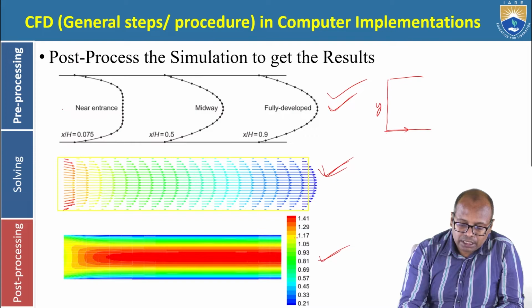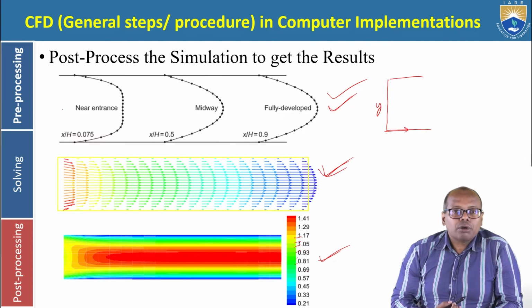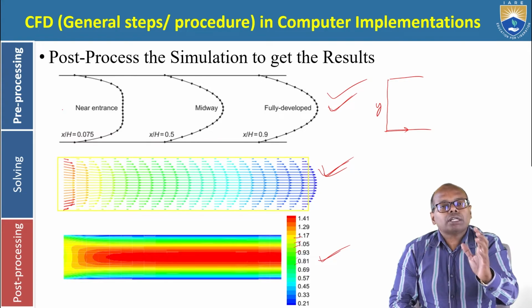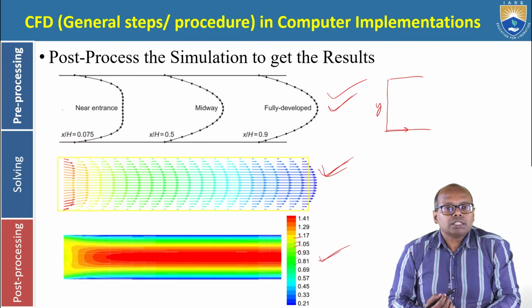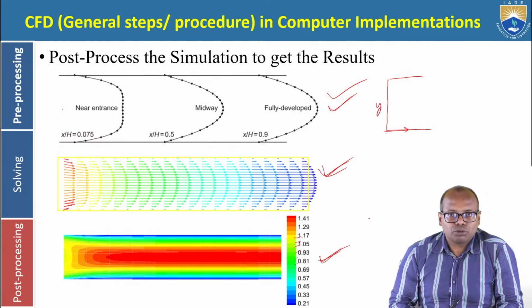Each color represents a particular value of velocity, and the contour plot shows in which region what velocity is prevailing in the solution. So these are the three types of plots I have shown here.